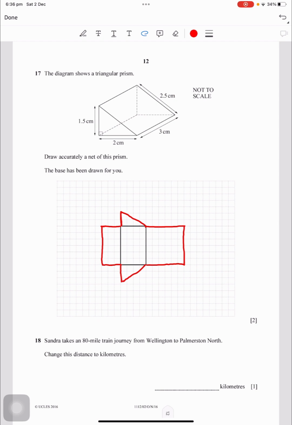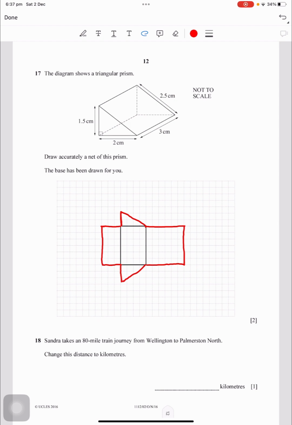Okay, so now question number 18. Sandra takes an 80-mile train journey from Billington to Palmerston North. Okay, so change this distance to kilometers.